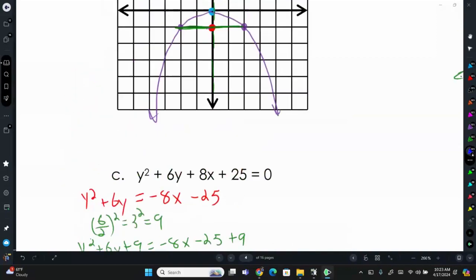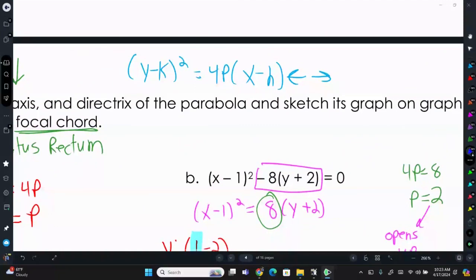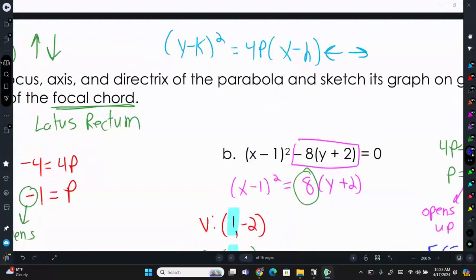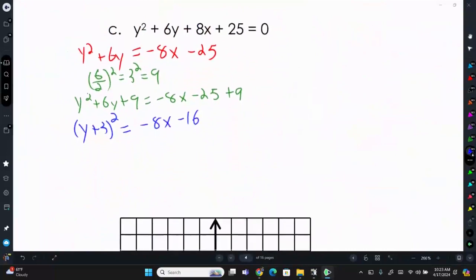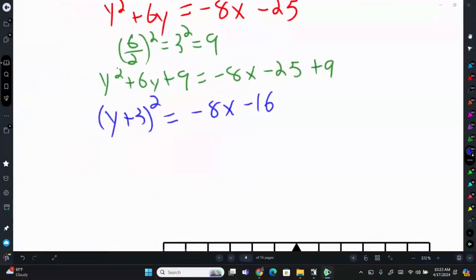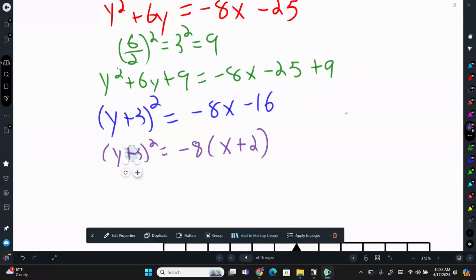So the left side looks like what we needed, but the right side, we have to have it say x minus a number or x plus a number. We have −8x here, so we actually need to factor out a −8, and that leaves us with (x + 2). Now it looks like something we can work with.